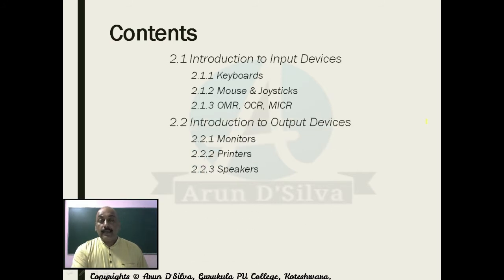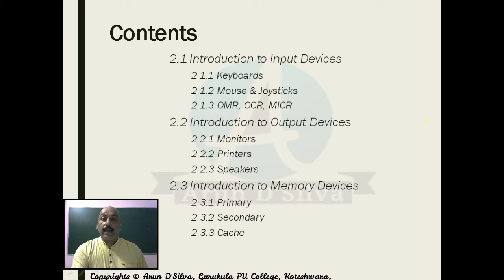Similarly, in the output devices, I am going to brief you on monitors, printers and speakers. In the case of memory devices, I'll explain the primary memory, secondary memory as well as cache memory.